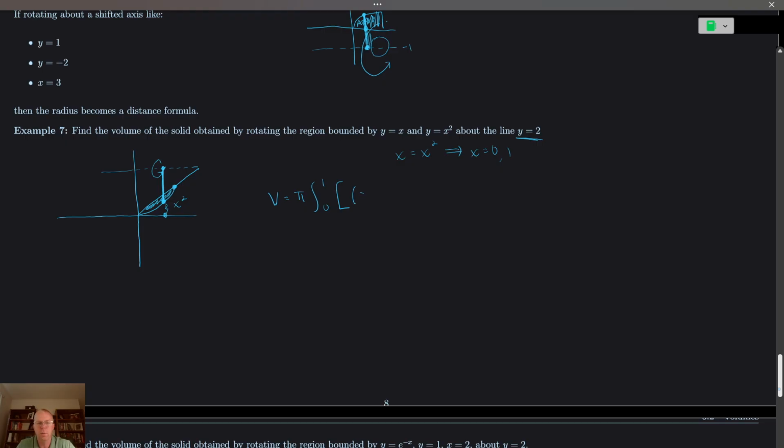So we have 2 minus x squared, squared, of course, because it's the radius. Minus, now, from here to the inner radius, we have 2 minus x squared, because it's the radius, dx.